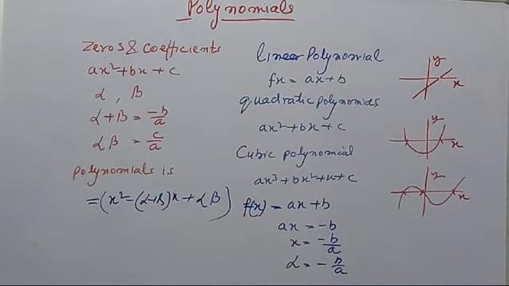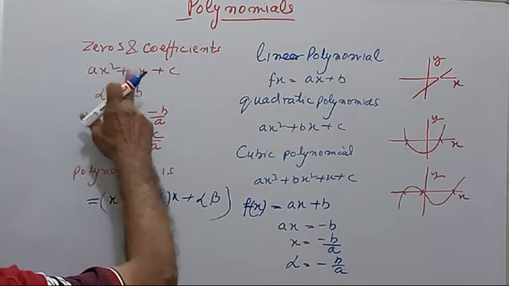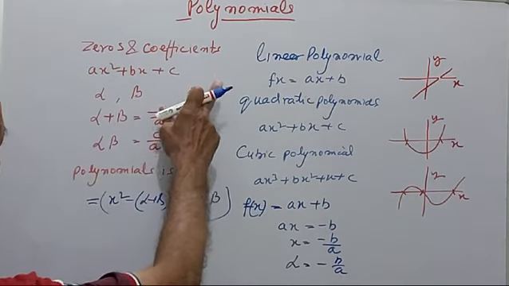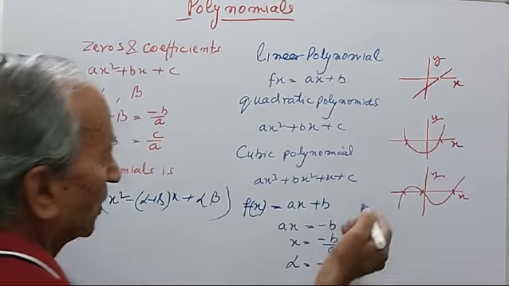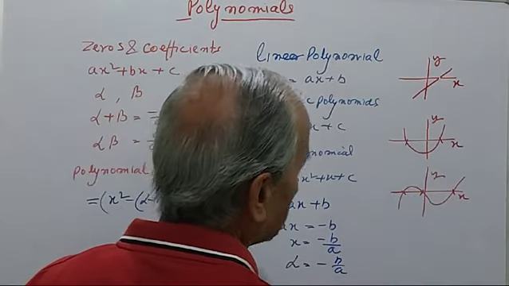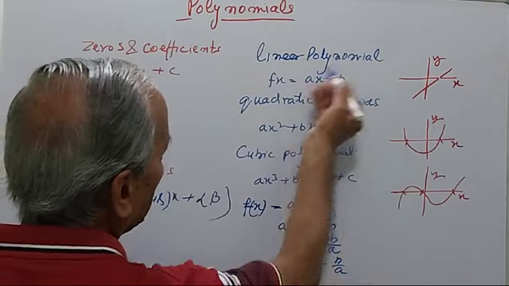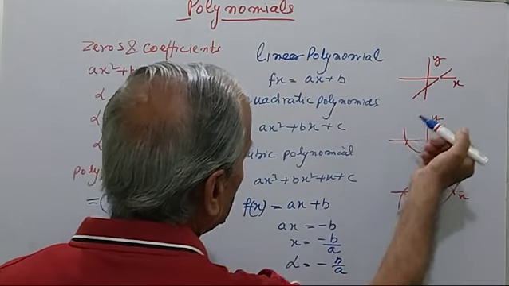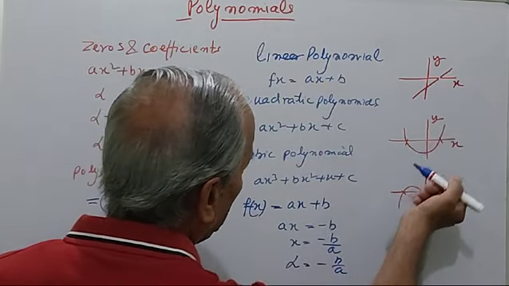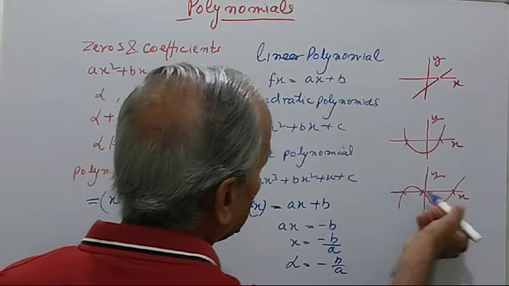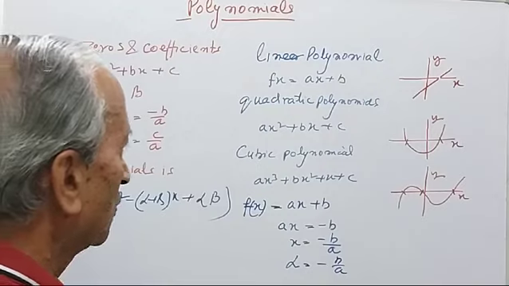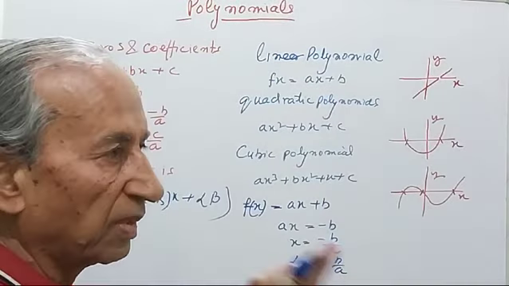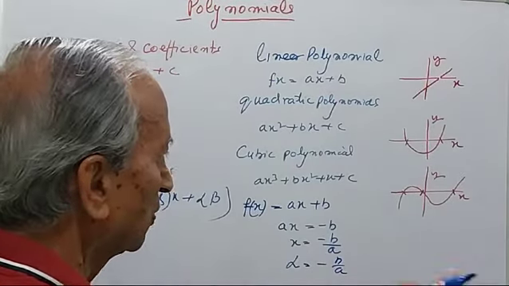So it is simply zeros and the coefficients. Zero simply means at how many points the equation cuts the x-axis. A linear polynomial cuts at 1 point, quadratic cuts at 2 points, and cubic cuts at 3 points. So the number of zeros is the number of coordinates.